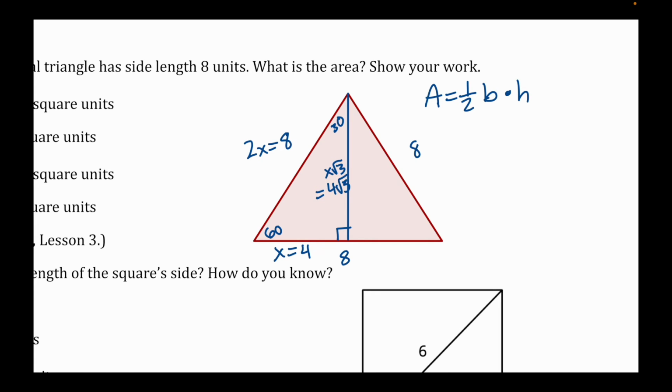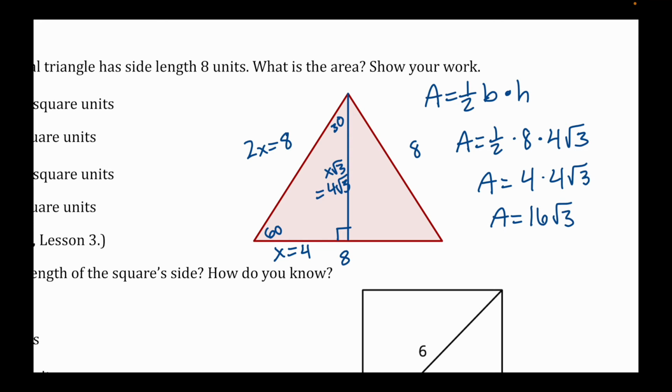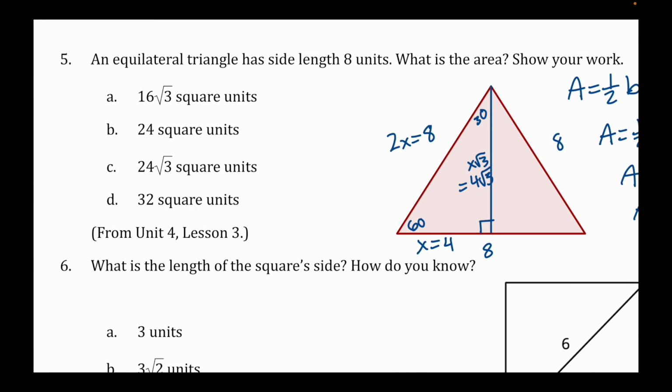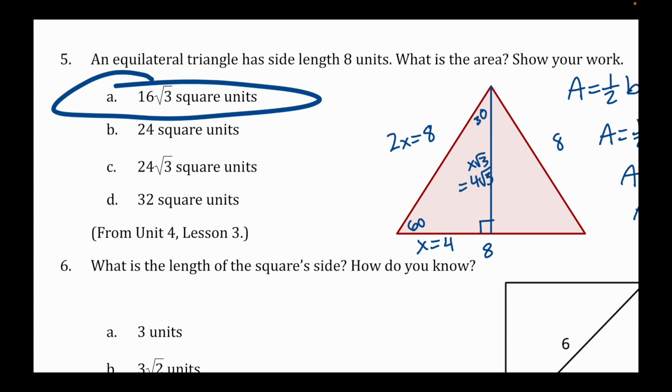So if you wanted to be a little sneaky, you could just do half of the base, which is 4, times the height, and get your answer. I'll show the whole thing though. This is A equals 1/2 times 8 times 4 root 3. So this is 4 times 4 root 3. So our area is 16 root 3. And that is option A.